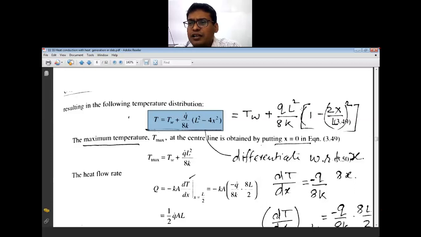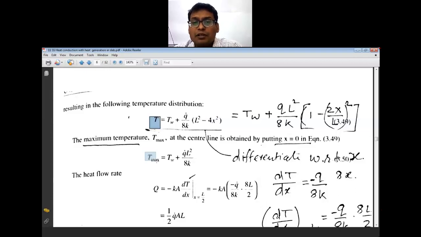This can also be written like this. Now the maximum temperature is at the center, that is, T maximum at x equal to 0, right? So I am going to substitute x equal to 0 and calculate the value of T maximum.